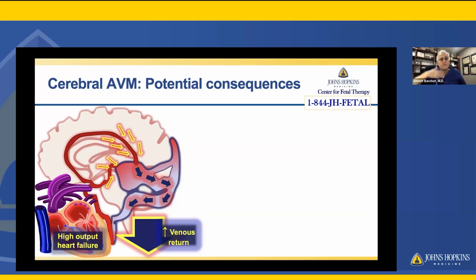And so you get a vicious circle: high output cardiac failure, increasing bypass of arterial blood from the brain into the AVM. And for the fetal cardiovascular system, the combination of high output cardiac failure with an increased venous return also predisposes to abnormal pulmonary circulation development and pulmonary hypertension after the baby is born.